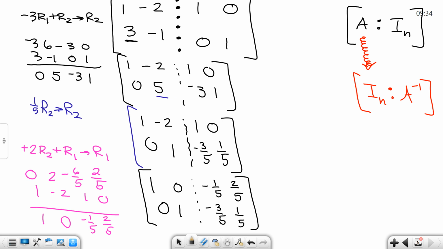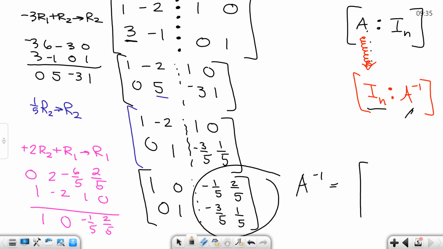Now, look back over here where I told what was happening. You took A and you did elementary operation, elementary operation, elementary operation until it ended up with the identity on the left. When you get the identity on the left, what you get on the right is your inverse.